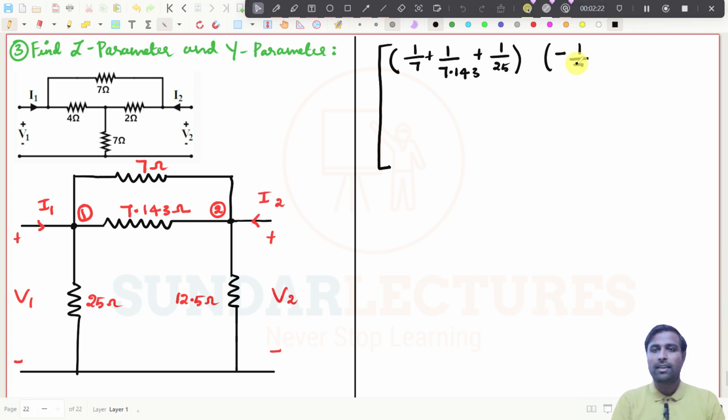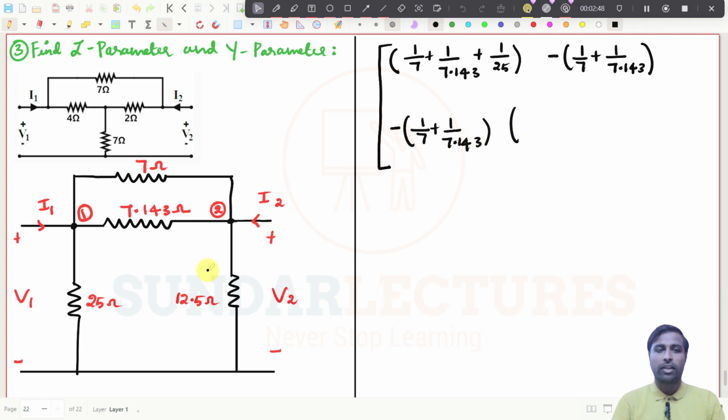So it will be minus of 1 by 7 plus 1 by 7.143, and then again the common, it will be minus of 1 by 7 plus 1 by 7.143. And then y22, there are three resistances again connected, that is 1 by 7 plus 1 by 7.143, and then plus 1 by 12.5.